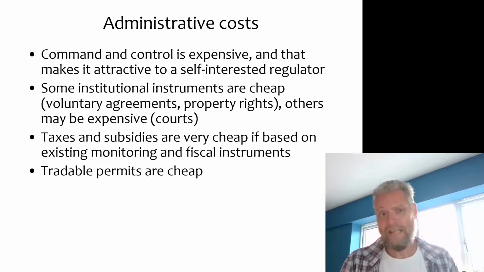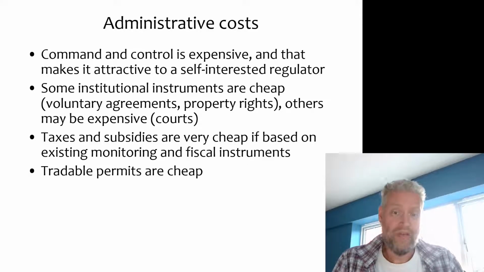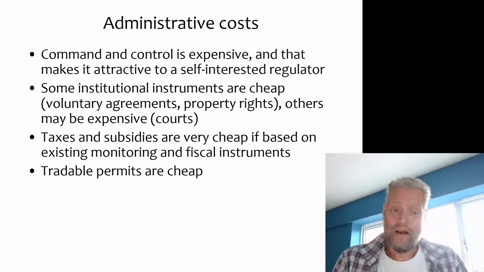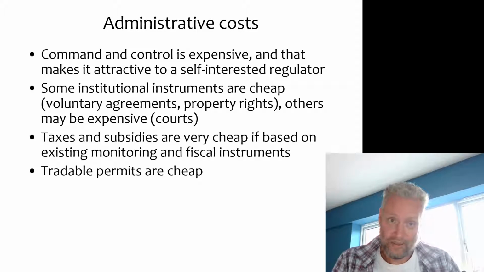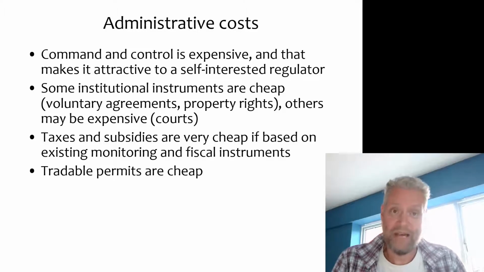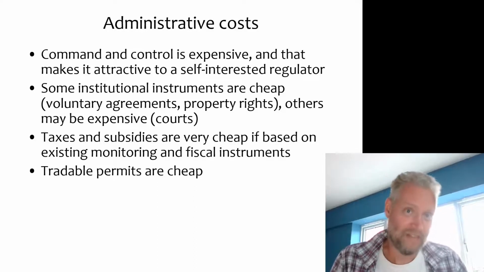Taxes and subsidies can be very cheap administratively if they are based on existing fiscal instruments. Earlier I gave the example of the plastic bag levy, which is an excise that is levied when you buy stuff, and excises are already paid in the supermarket.